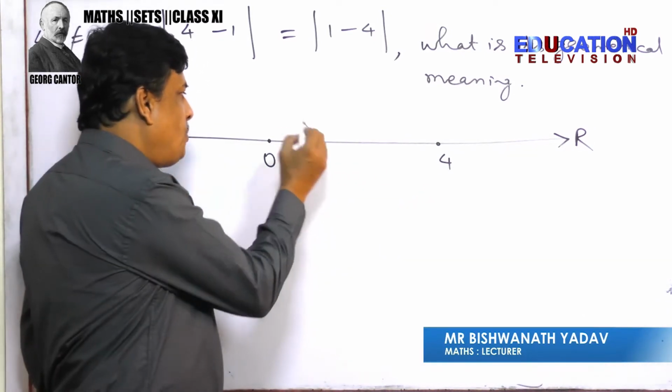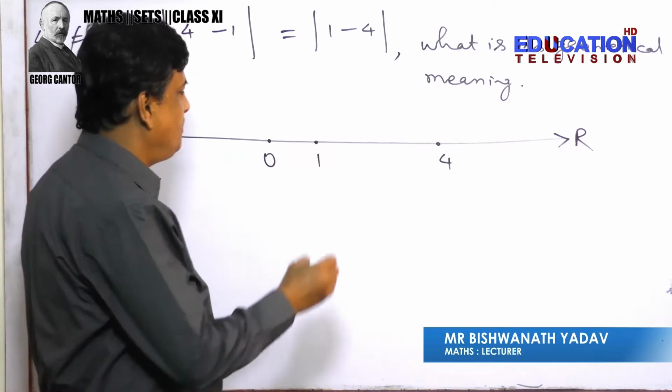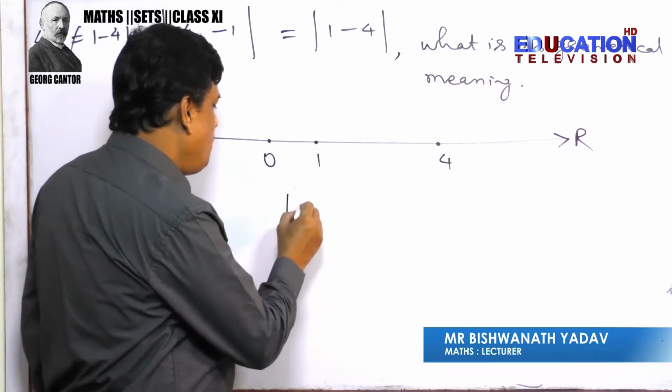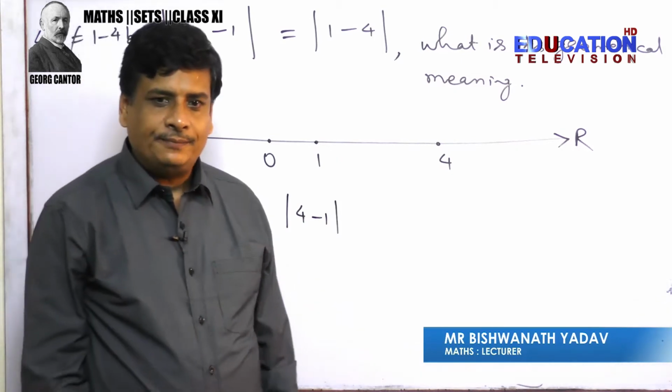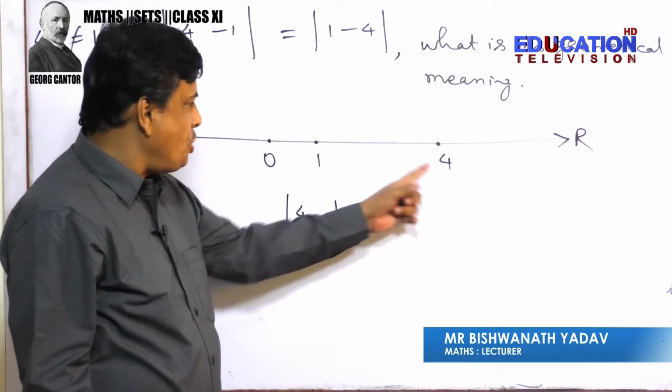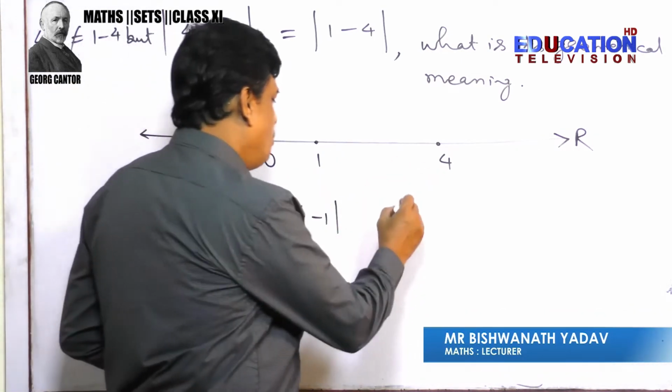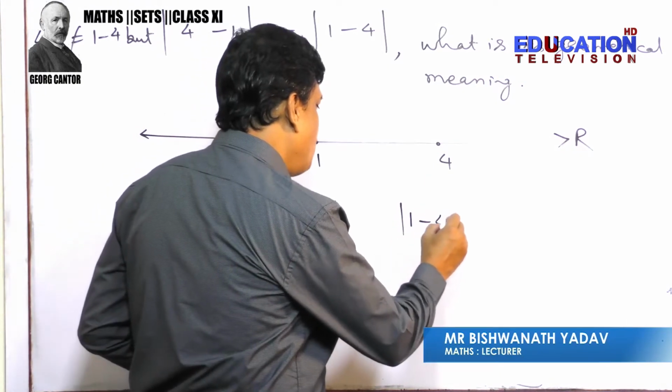The distance of 1 from 4 is modulus 4 minus 1, and the distance of 4 from 1 is modulus 1 minus 4.